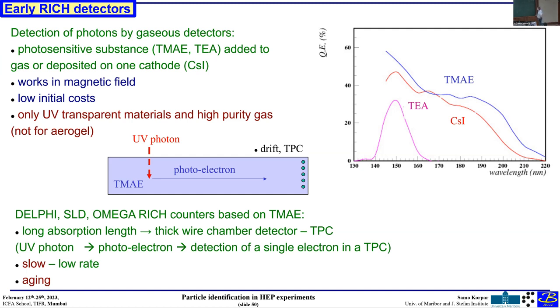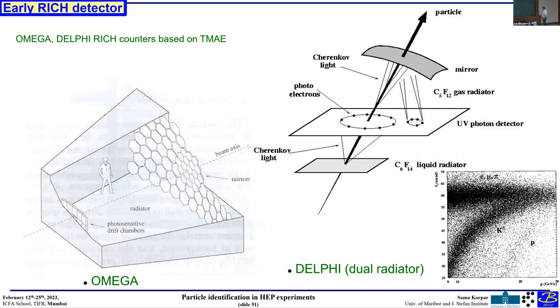There were several RICH detectors based on this. They operate slowly, and the gaseous detectors with additional vapors age pretty fast. An example was the Omega RICH, which was basically a photosensitive drift chamber and a large mirror, usually segmented, made out of smaller mirrors, later aligned, to get the image here. Another interesting one was the DELPHI RICH at LEP. It was actually a dual radiator to cover a wider range.